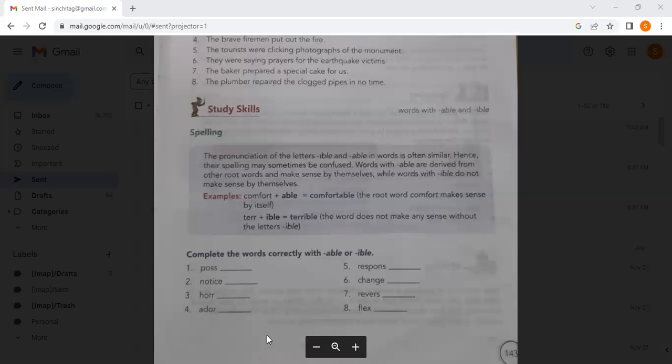Possible. Very good. What is the spelling? Pass plus able. Very good. Pass plus able. Excellent. Now number 2. Noticeable. What is the spelling, beta? Notice plus able. Very good. Now the next one.